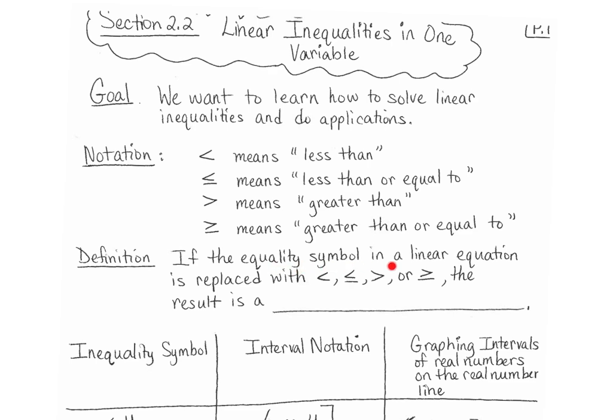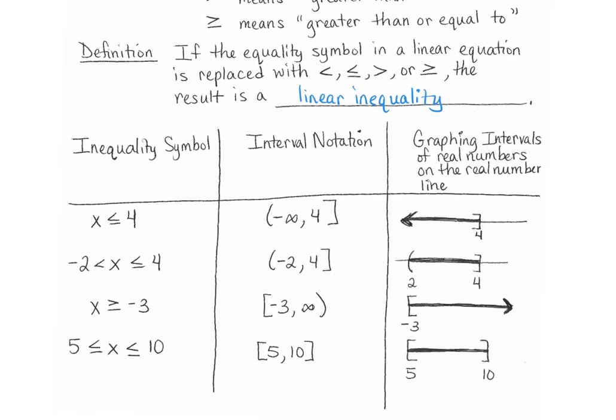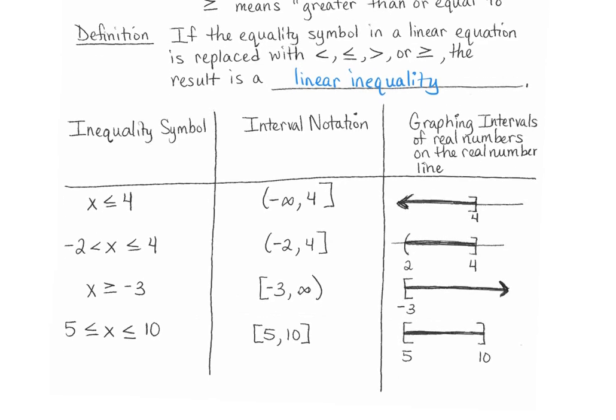If the equality symbol in a linear equation is replaced with less than, less than or equal to, greater than, or greater than or equal to, the result is a linear inequality. So let's go over what it looks like visually.